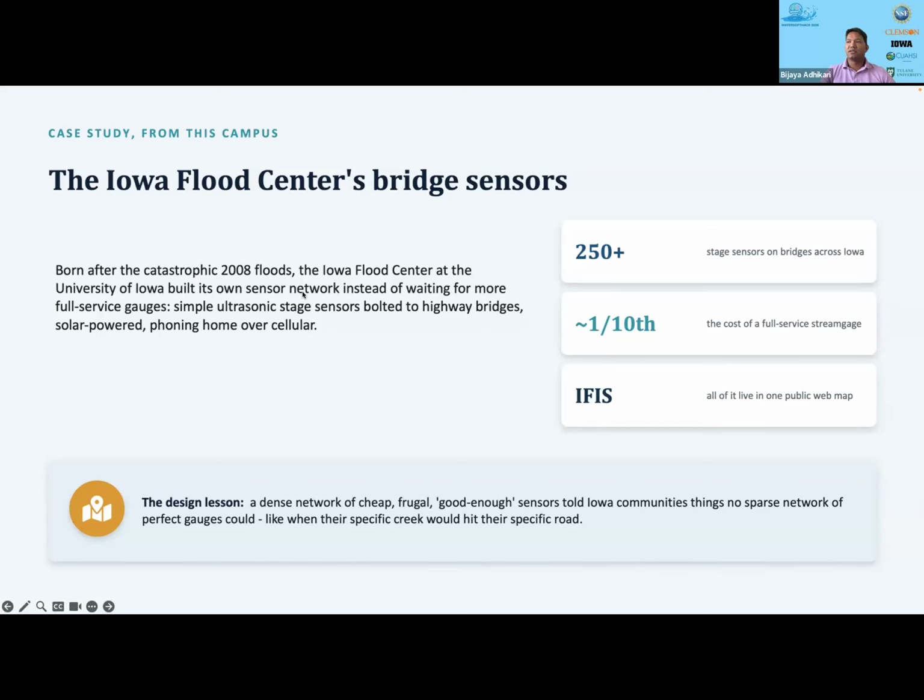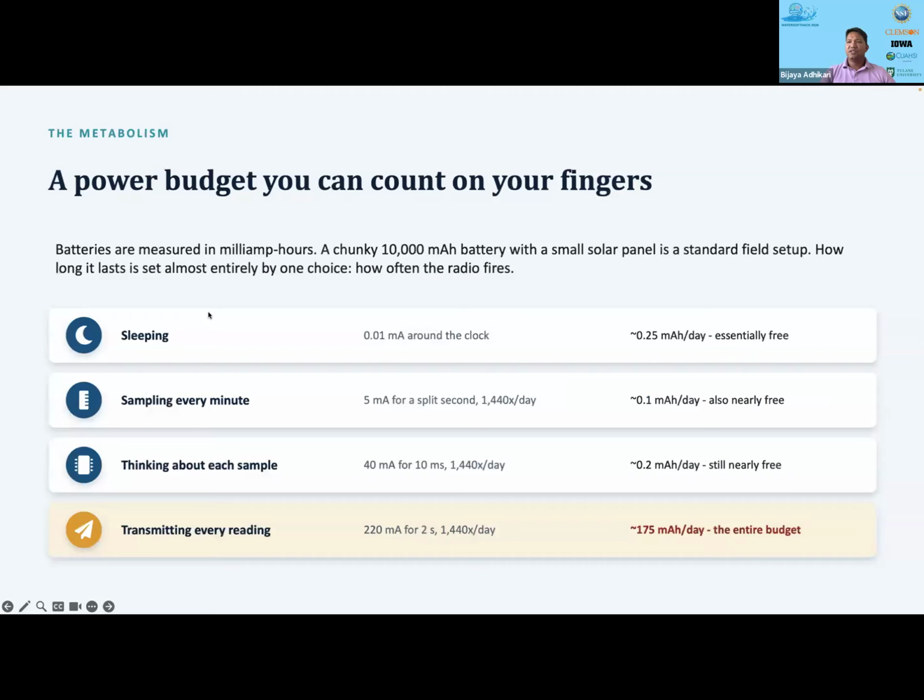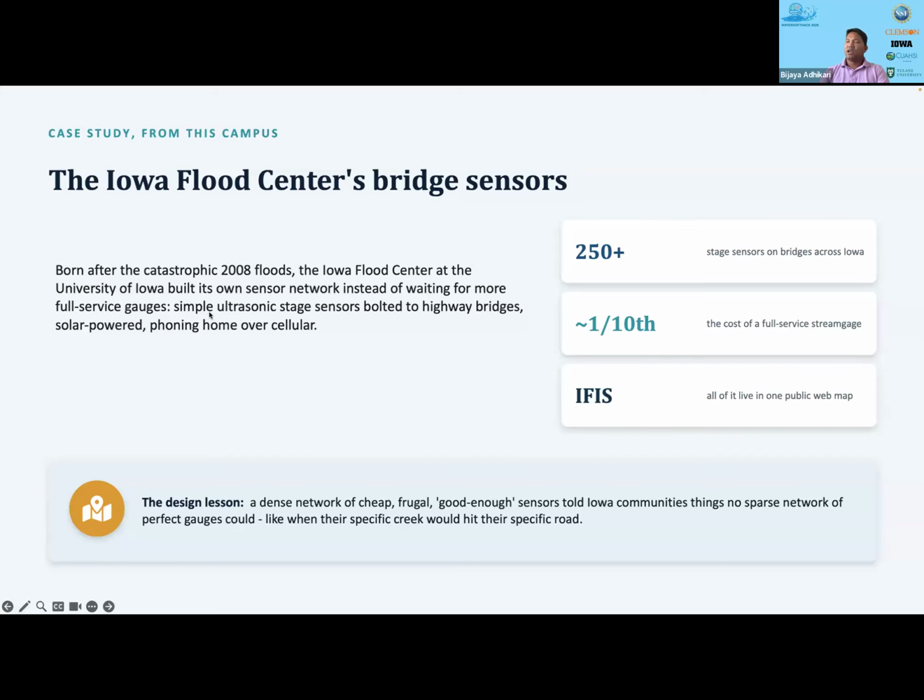And it builds its own sensor network instead of waiting for full service gauges, like the USGS gauges data that we used yesterday. It's basically a cheaper, larger, more complete, high resolution network of cheaper devices.